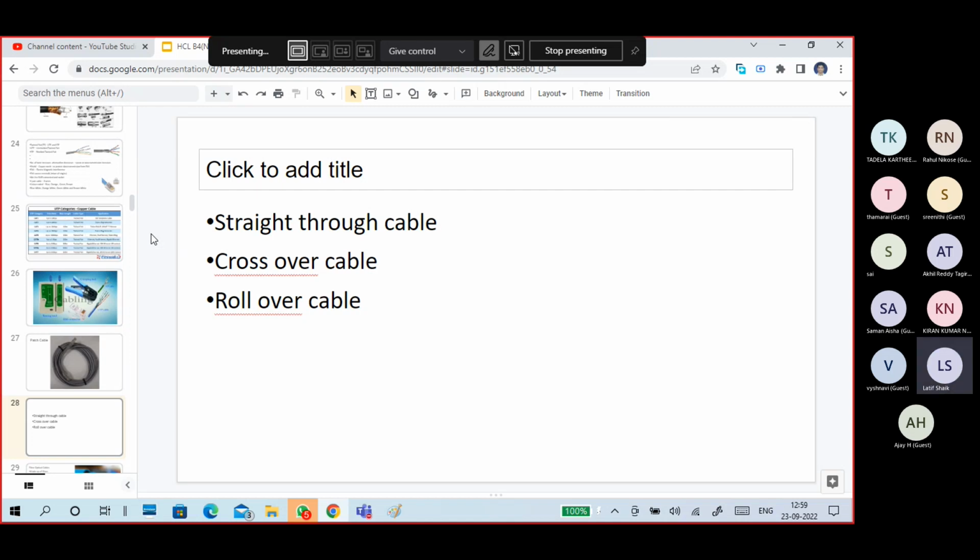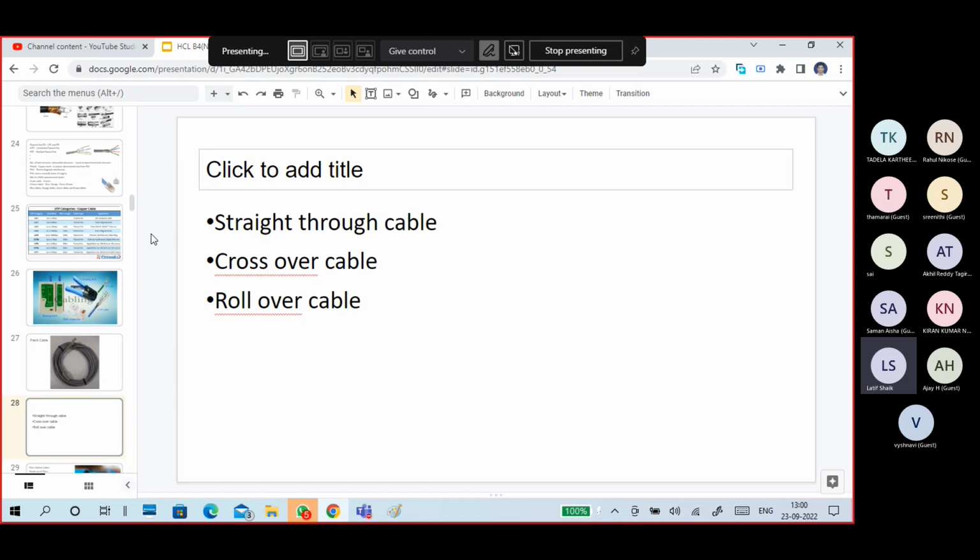Another type is the rollover cable. Generally, we don't use a rollover cable for communication. Rollover cables are only used for configuring routers and switches, like the different types of routers Cisco provides. We can configure that router, and on some switches we can configure things like creating VLANs.